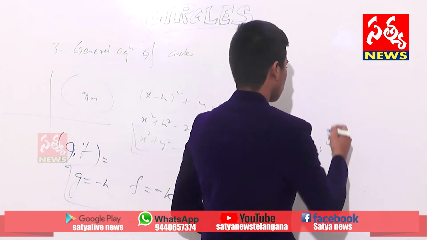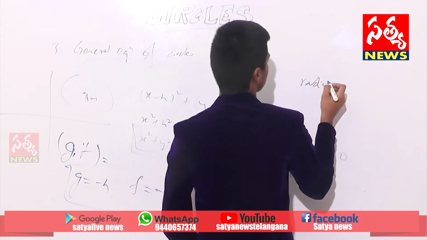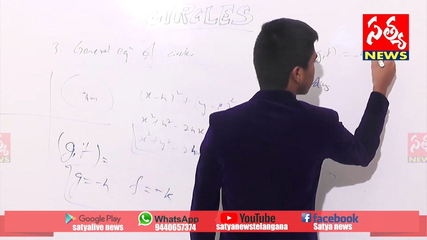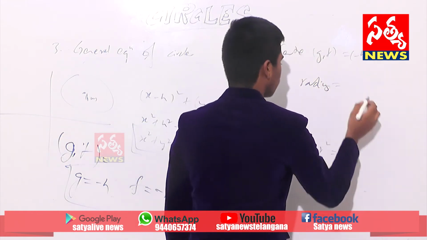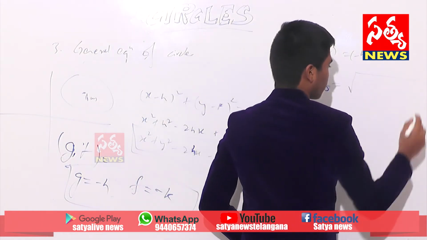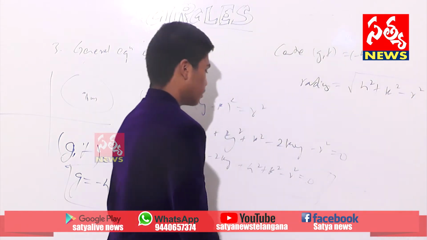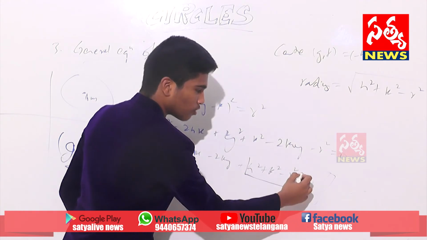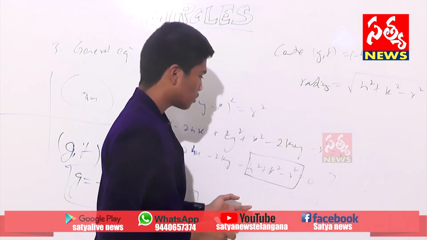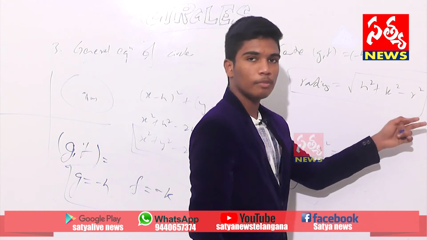And now next comes the radius. The center g comma f is minus h comma minus k, and there is an expression for the radius, which is the square root of h square plus k square minus r square.